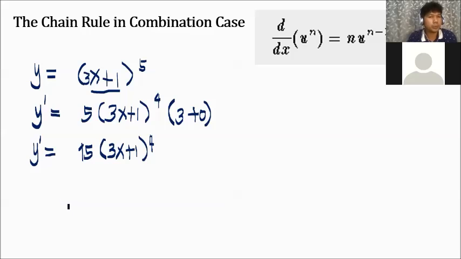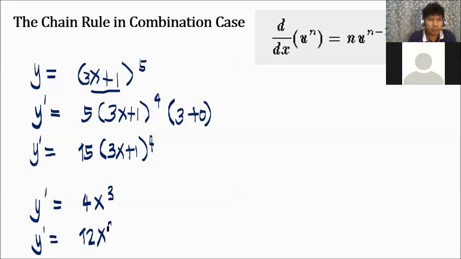I would like to emphasize here that chain rule can be used in all functions. So for example, y is equal to, let us say, 4x raised to 3. So if we use the chain rule here, y prime is equal to 4 times 3, that is 12. Then x raised to 3 minus 1, that is 2.